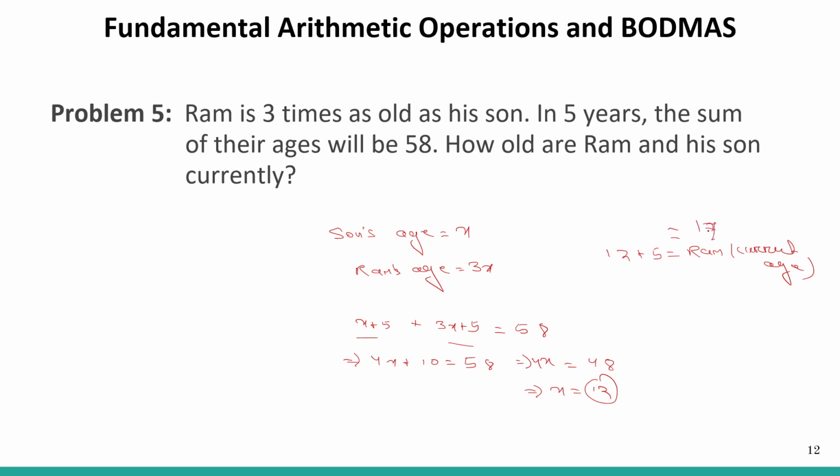He is a 17-year teen now. What is his father's age now? 3x plus 5, so 3 into 12 plus 5 is 36 plus 5, which is equal to 41 years, the father's current age. So the question ends here.